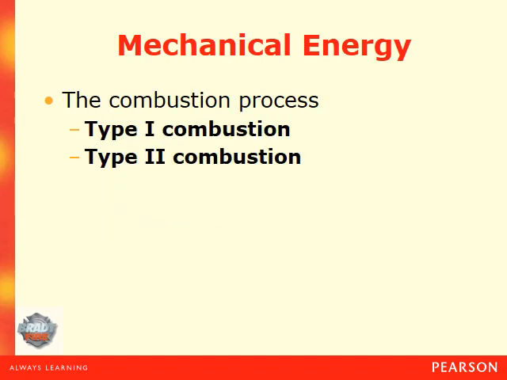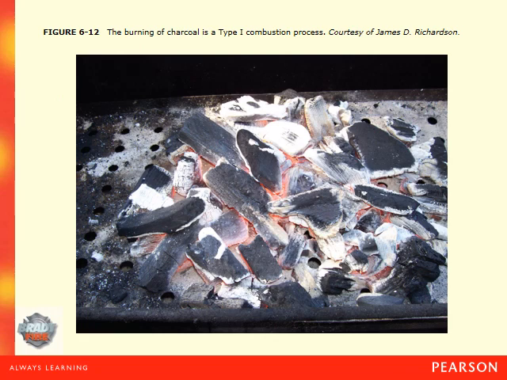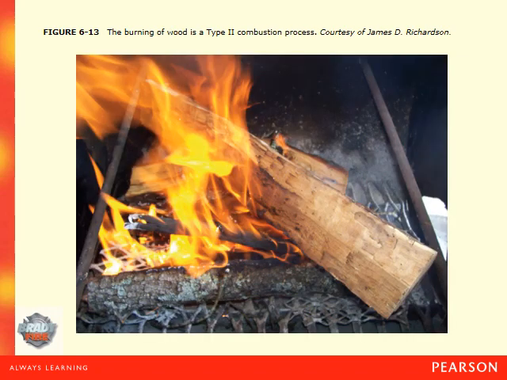The combustion process has two types, type 1 and type 2, or flaming combustion and non-flaming combustion. The type 1 combustion process is charcoal, that non-flaming. Again, type 2, illustrated here as your regular campfire, is flaming.